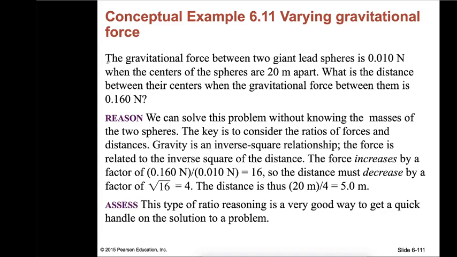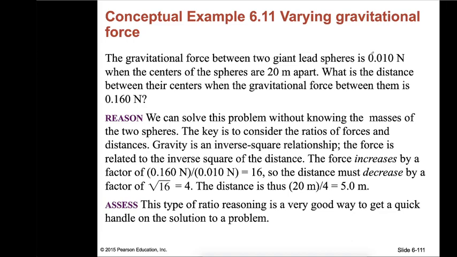Let's see one example here. The gravitational force between two giant lead spheres is 0.01 Newton when the centers of the spheres are 20 meters apart. What's the distance between their centers when the gravitational force between them is 0.16 newtons?